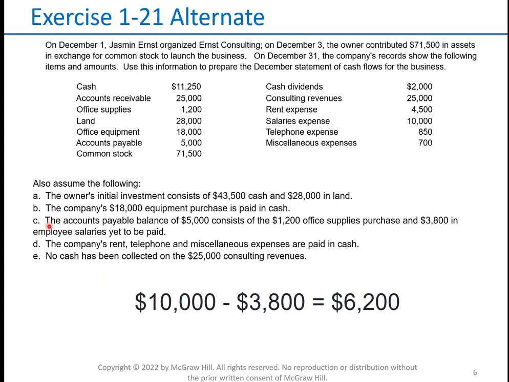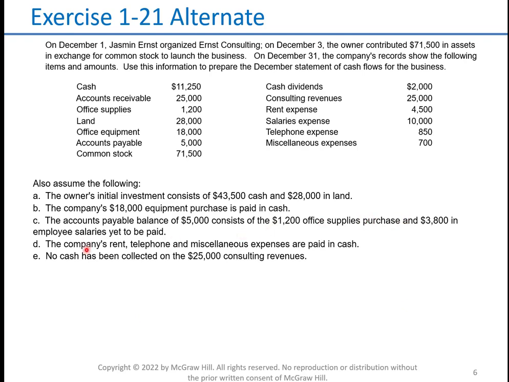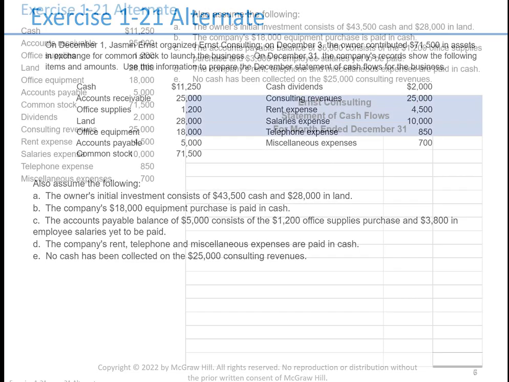So only that difference amount is going on this statement. And it says rent, telephone, and miscellaneous expenses were all paid in cash. And no cash has been collected yet on this $25,000 in revenues they've earned. Remember, they've earned it because they provided the service, even though the cash has not come into the business yet.